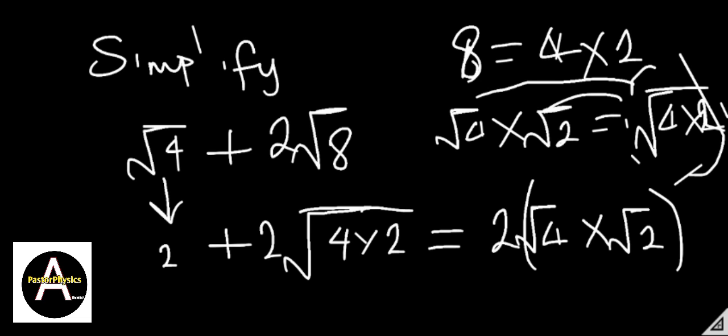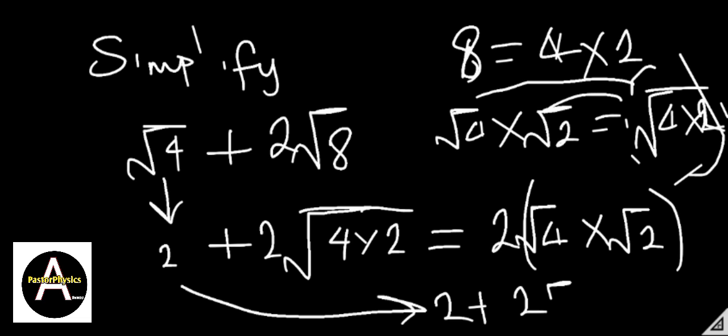So if we bring these together, we now have 2 plus. Now, root 4 is what? 2, right? So that will be 2 into the square root of 4, which is 2. Sorry for the mistake. All right, so we continue. So we now have 2 into the square root of 4 which is 2, times the square root of 2. What is it?